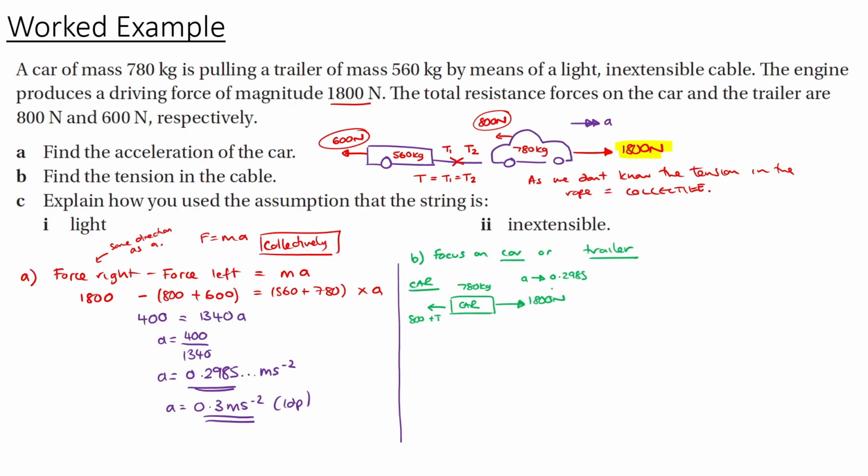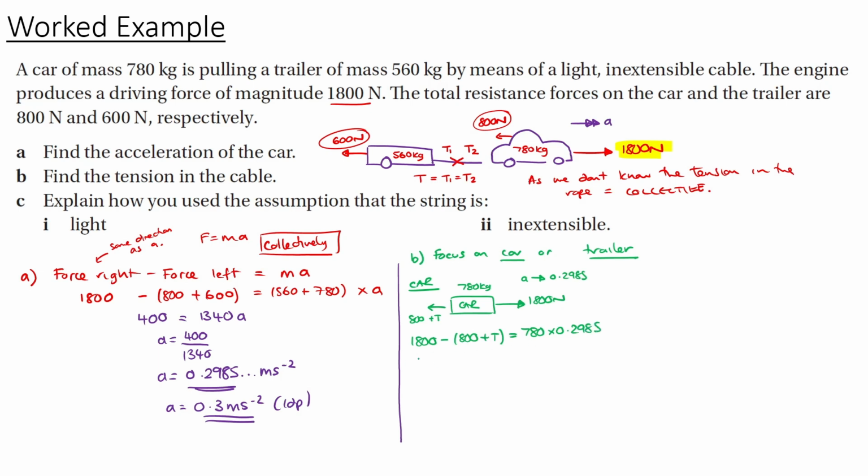So looking at this, because A is going in this direction, to work out the tension, it's going to be the force going towards the right. So it's going to be 1800 minus the force going in the opposite direction, which is 800 plus T. And that equals the mass of the car, which is 780, multiplied by A, which is 0.2985.